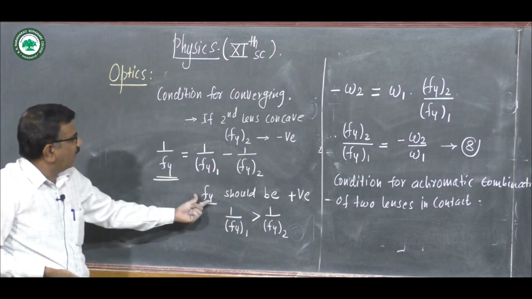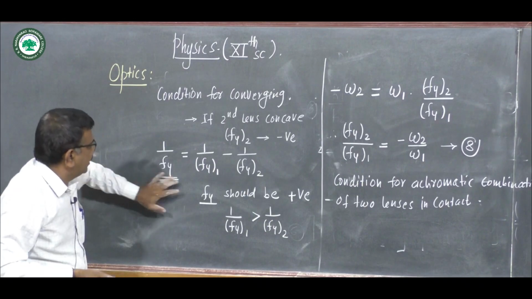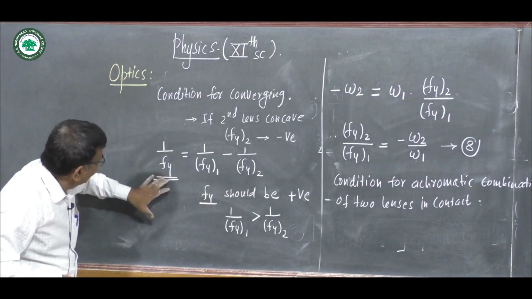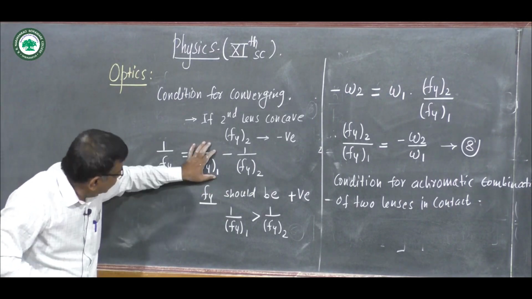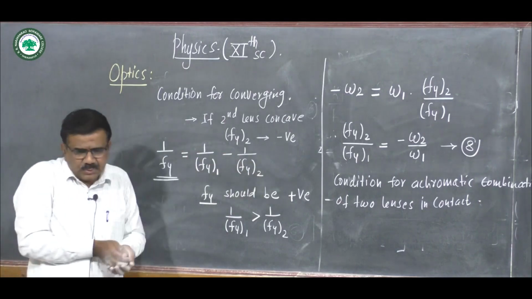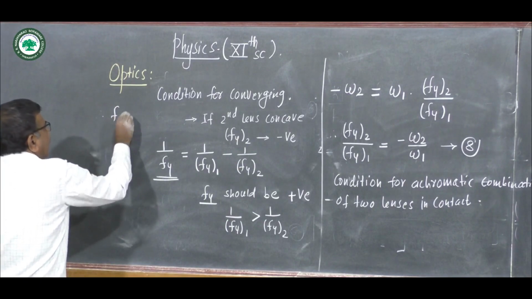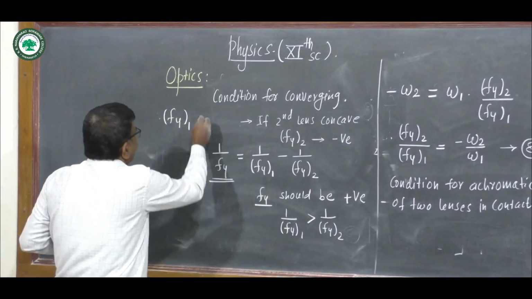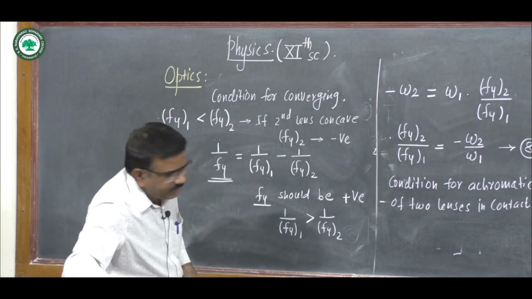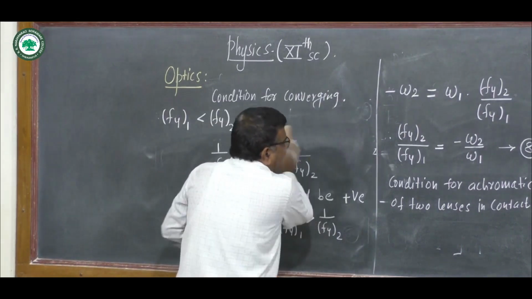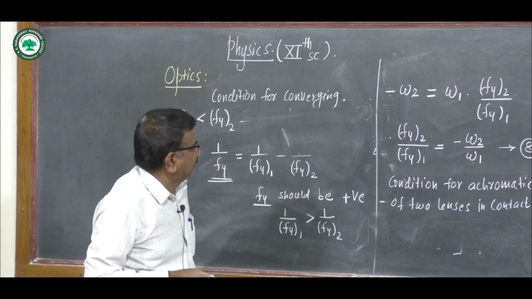It means 1 upon Fy will be positive if 1 upon Fy1, this much part, is greater than 1 upon Fy2, or by taking the reciprocal, we say that Fy1 must be less than Fy2.